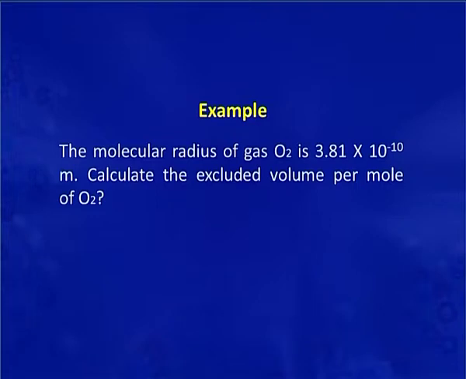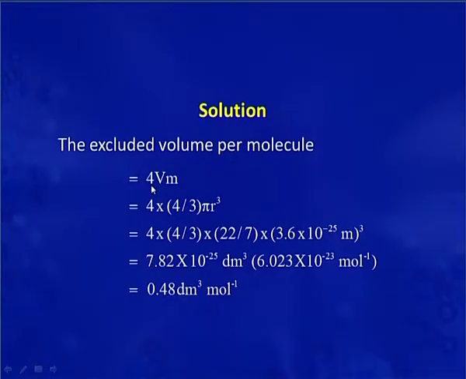Now, I have an example here. The molecular radius of oxygen gas is 3.81 × 10⁻¹⁰ m. The question is, calculate the excluded volume per mole of oxygen. As you know, excluded volume per molecule is 4 times the actual volume of the gas. So, b = 4 Vm. We can write it mathematically as 4 × 4/3 π r³.